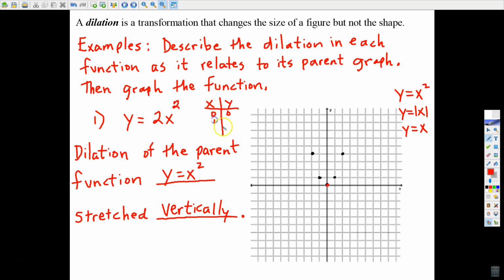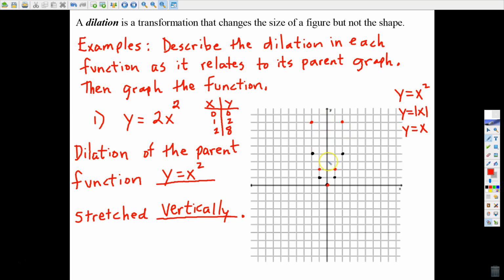If I do an input of 1, I do 1 squared first, that's 1, times 2 is 2. So 1, 2. Symmetry created by the y-axis means I can match that point up on the left side of the y-axis. Let's do one more point. If I do an input of 2, 2 squared is 4, and 4 times 2 is 8. So 2, 8 is on this transformation graph.